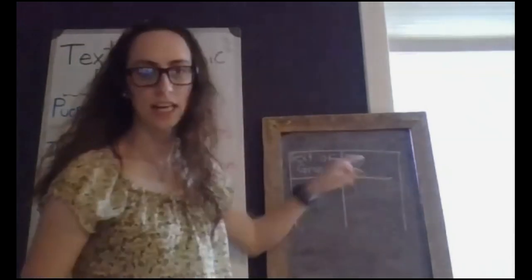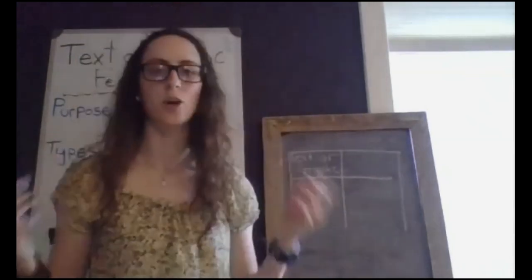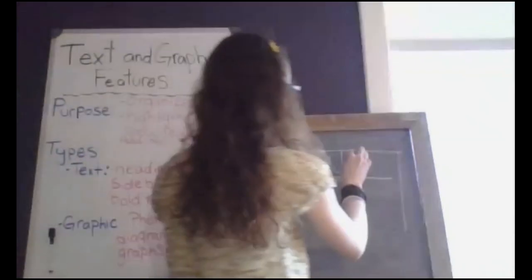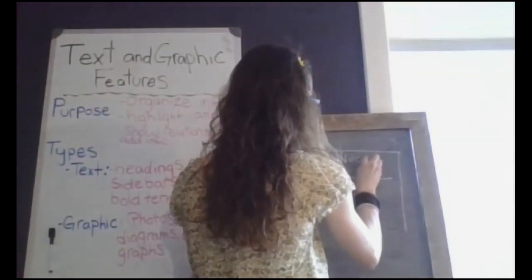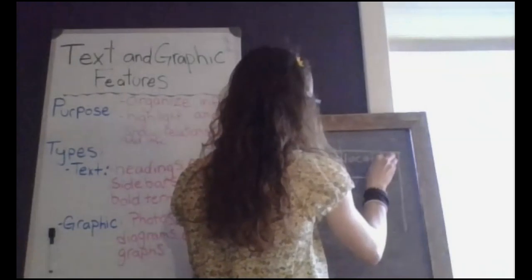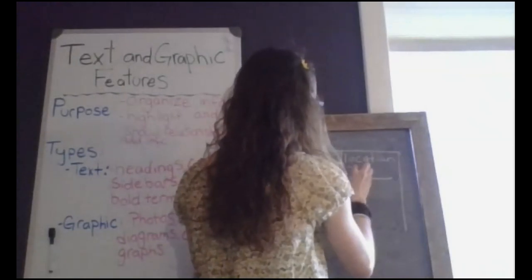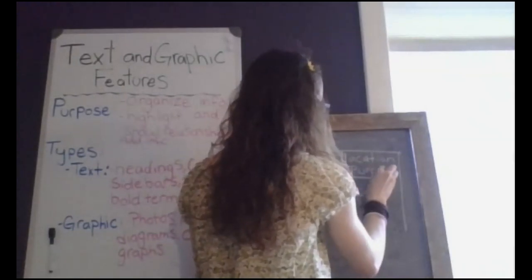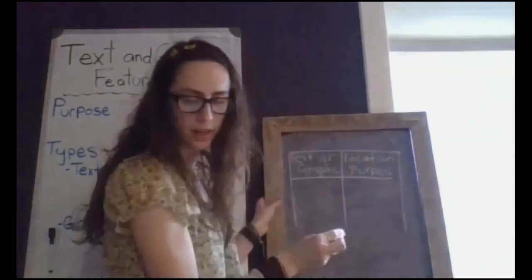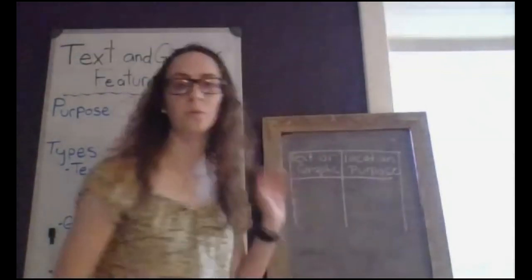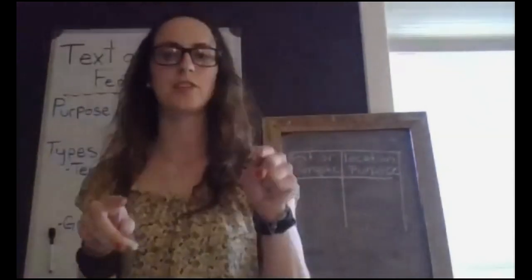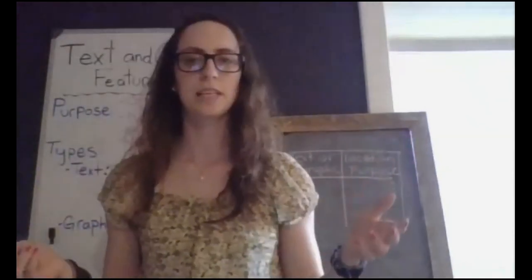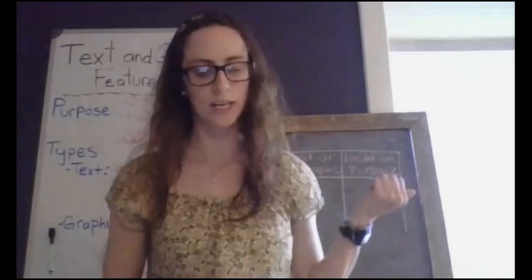And on the other side of the T-chart, you're going to say its location and what it's used for. And purpose. And I will be putting a picture of this onto wherever your assignment is so that you can see closer up what it should look like.